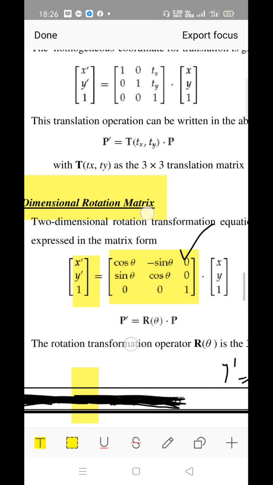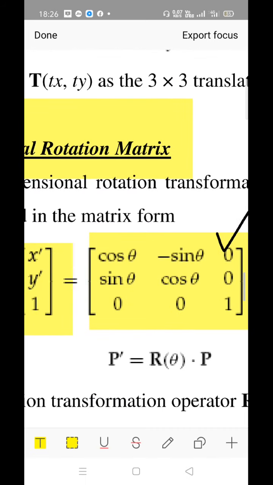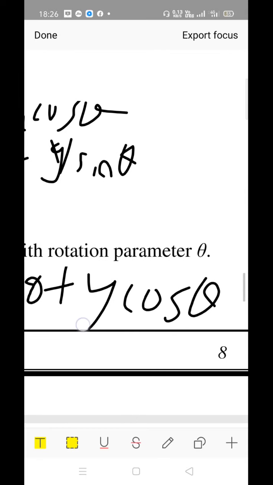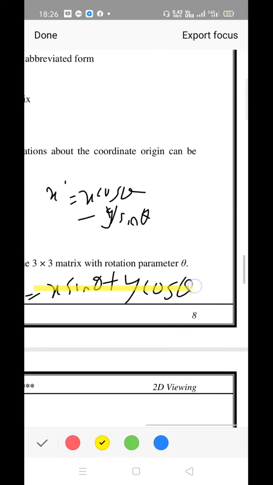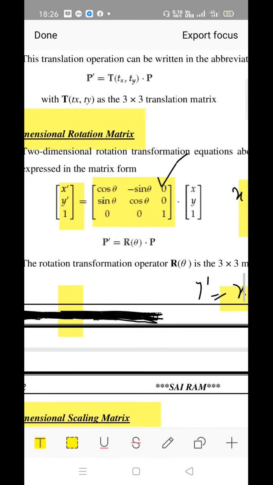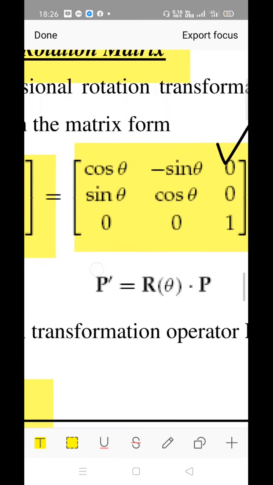This is important. Similarly for the second row, y dash is x sin theta plus y cos theta, as we have seen in that formula. So, mention the coefficient of x, which is sin theta, and the coefficient of y, which is cos theta, and you are neither adding nor subtracting any constant.